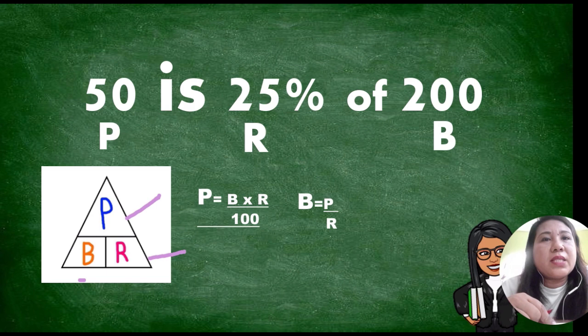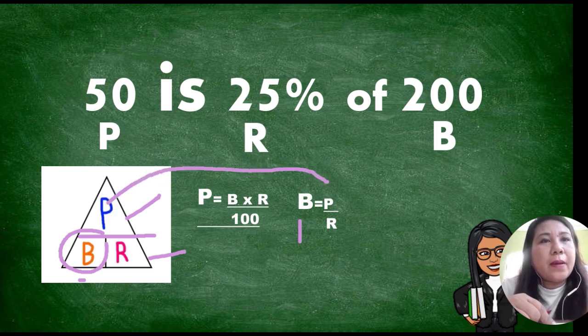It's because P, the percentage, is over, which means divided by, R. As simple as that. So this is B. That is your B. And then this is your P. And that is your R.